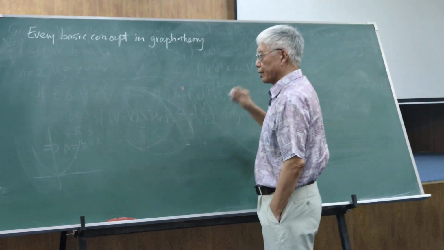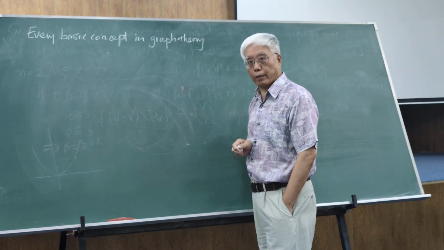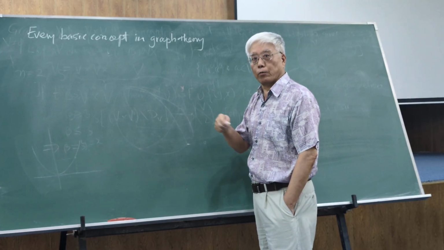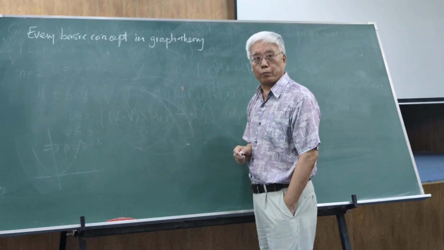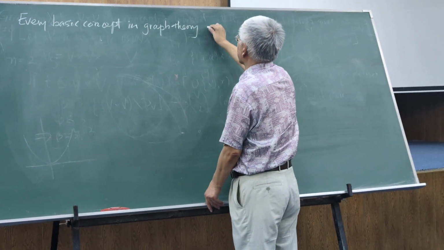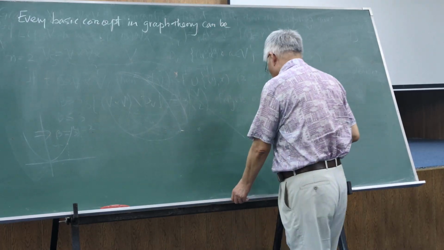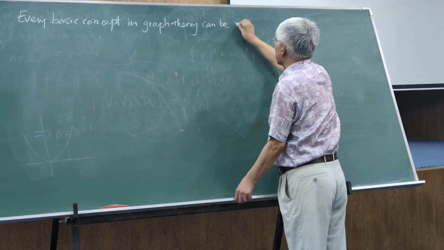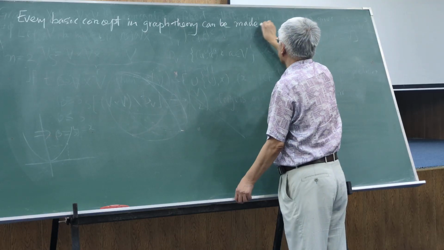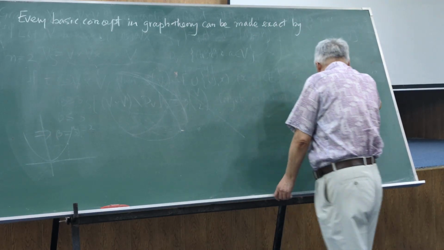That's what I'm going to emphasize. And it makes it a proper mathematical subject instead of an ambiguous verbal presentation. Every basic concept in graph theory can be made exact by means of arrow diagrams.